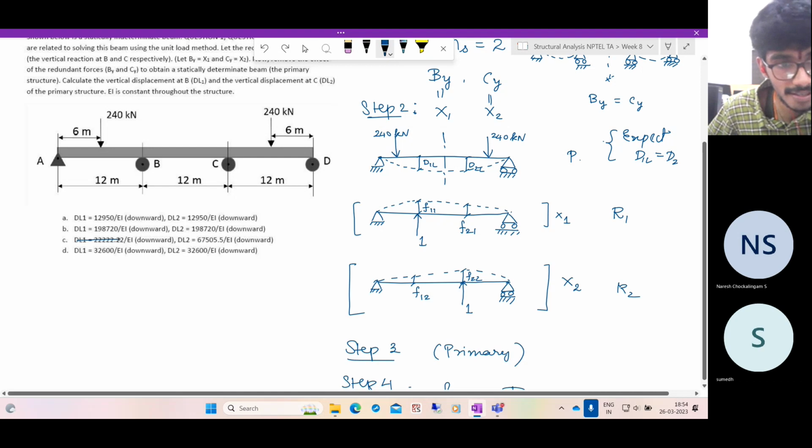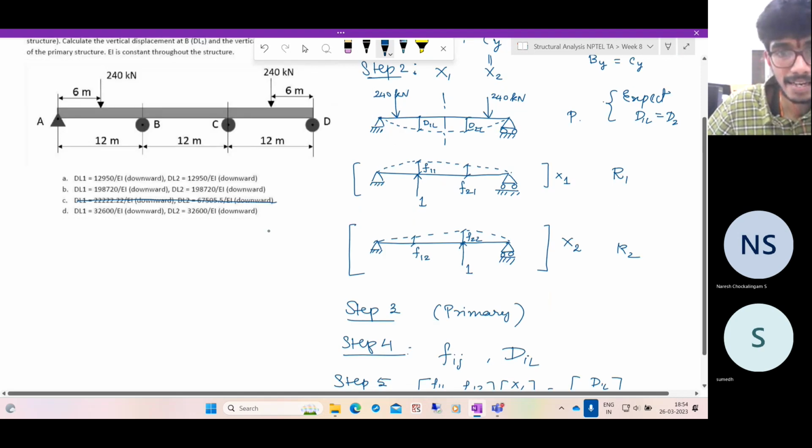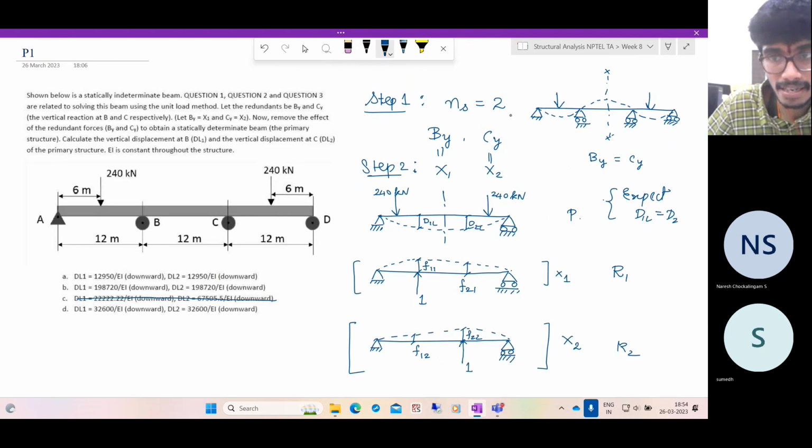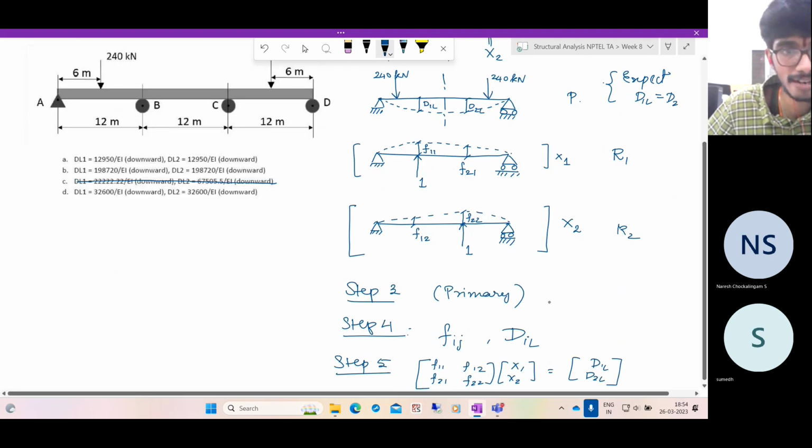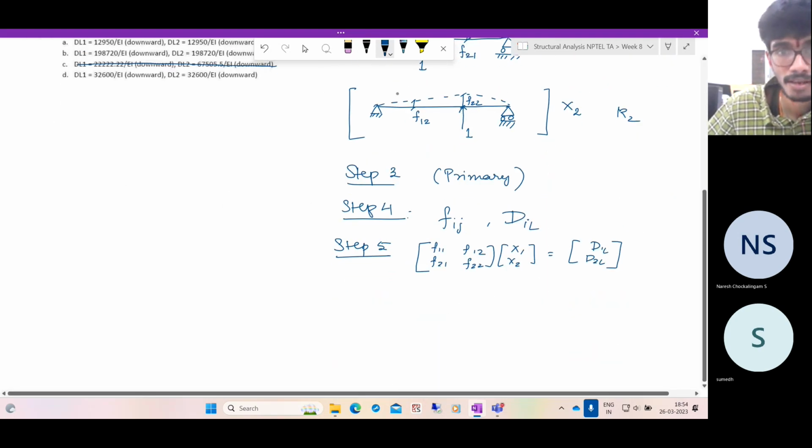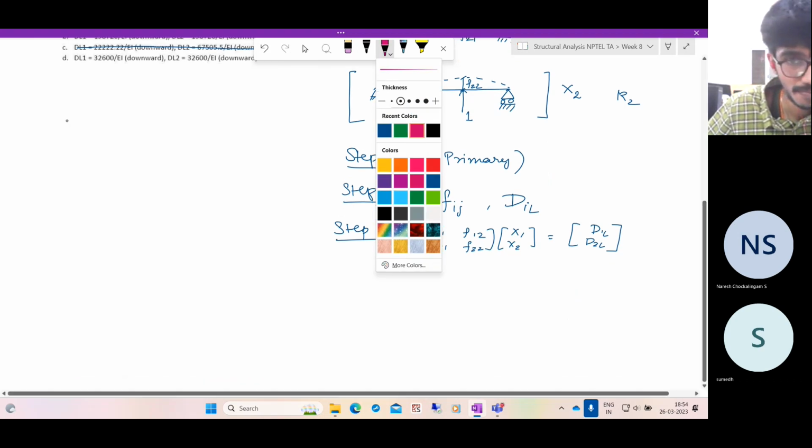So obviously this is a wrong answer. So that is the idea. Drawing the deformed shape initially will help us identify certain features of the solution, and will also help us to check our answers after we solve the problem. So let us solve the problem.